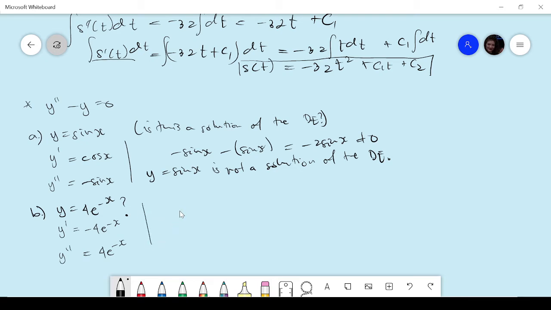So we have your y double prime, 4e raised to the power of negative x, minus 4e raised to the power of negative x, and that is equal to 0. So therefore, y equals 4e raised to the power of negative x is a solution of the differential equation.